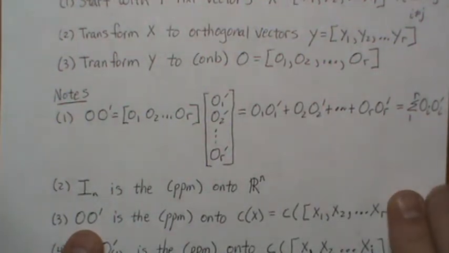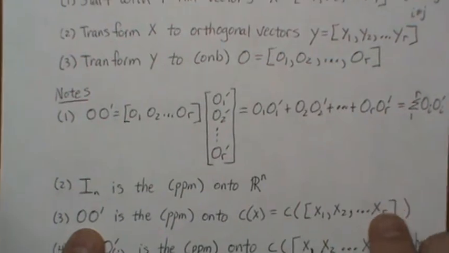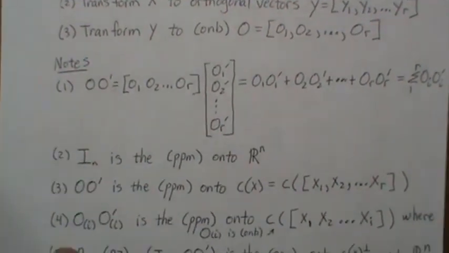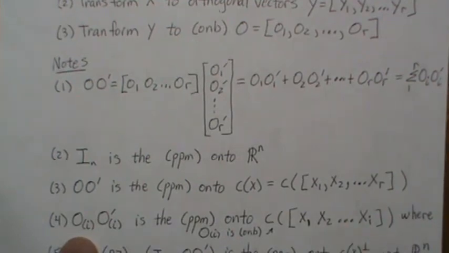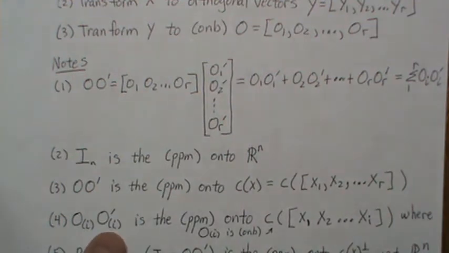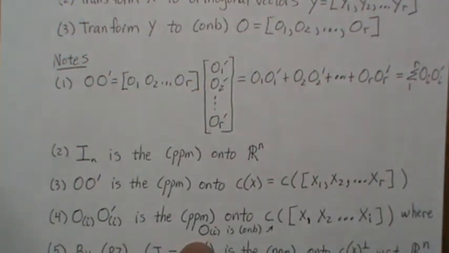But if we take away some columns, say where we only have i columns, not r, and then we create an orthonormal basis, and we're going to call that O(i), with i in parentheses, O(i) transpose. Then it's the perpendicular projection matrix onto the column space that's spanned by just the i columns, where this is, of course, an orthonormal basis. O is the orthonormal basis for this column space.